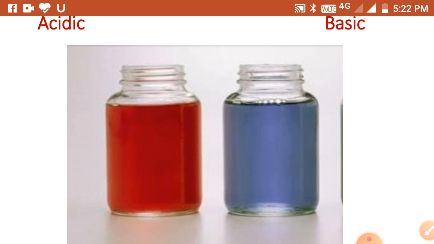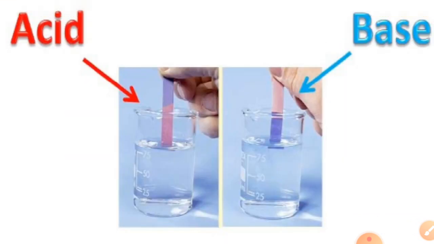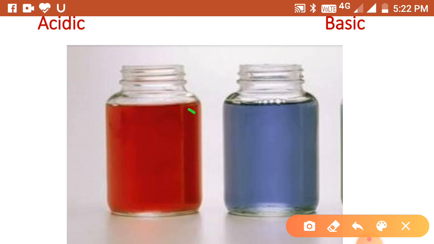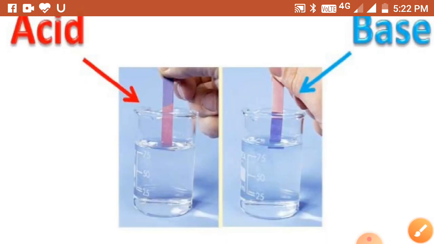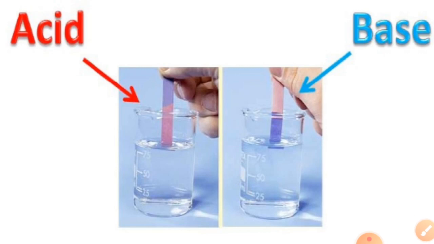When litmus is added into the solution and it changes into red in color, that means it is acidic, and when the color is blue, that means it is basic. Now second is the pH strip. We have two types of pH strip. First is blue and second is red.